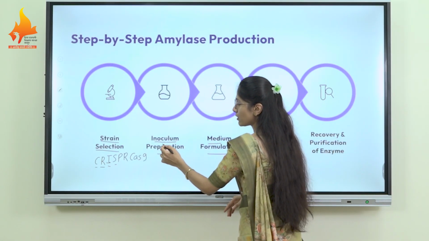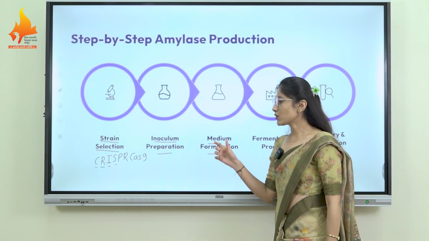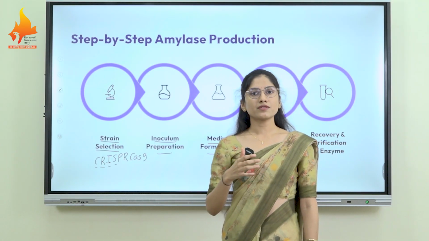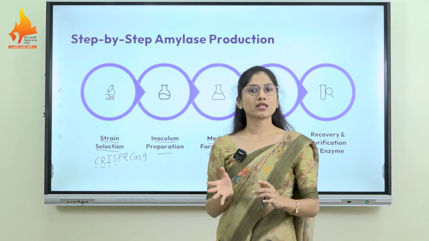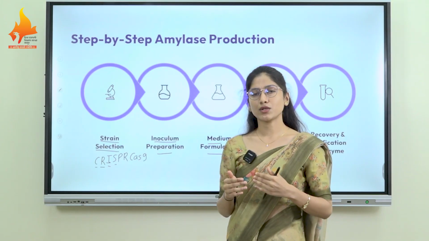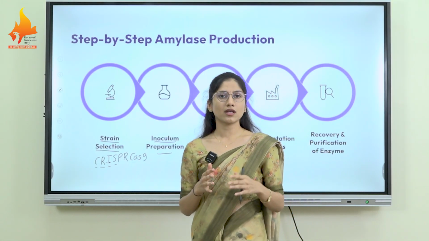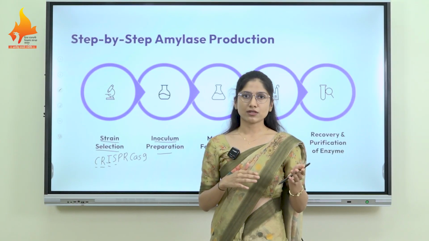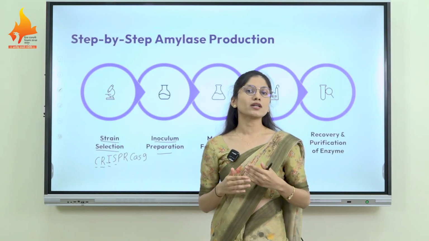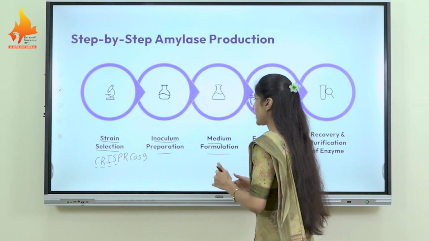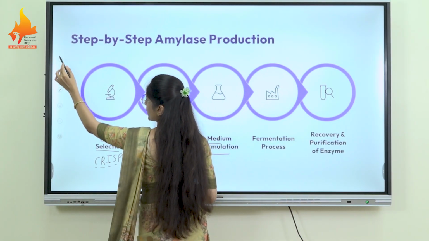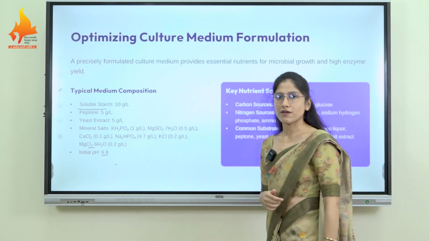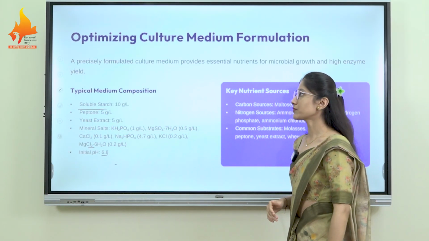Next step is inoculum preparation. The pure culture of the selected microorganism is maintained on nutrient agar slants as well as starch agar slants, and is transferred to the liquid medium as the inoculum. Next step is media formulation, or the preparation of fermentation media.